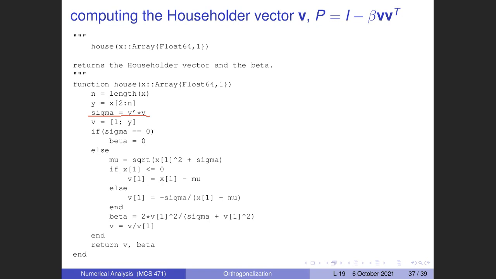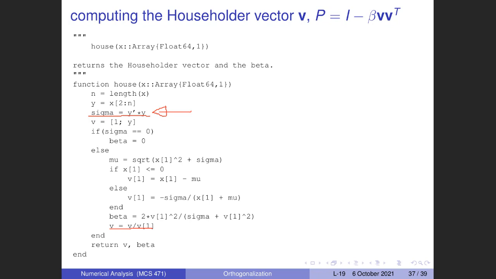So we return the vector V, and what I first underlined is where the computation happens. In an exercise, you are asked to compute the total cost of this Householder reflector matrix. And I said, well, it's going to be square, right? Because you have an entire matrix.